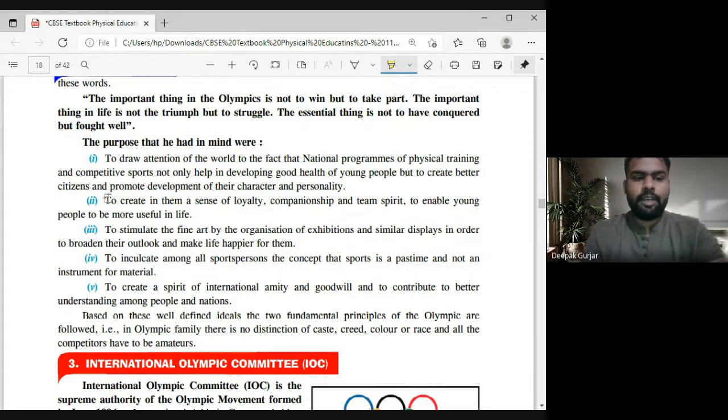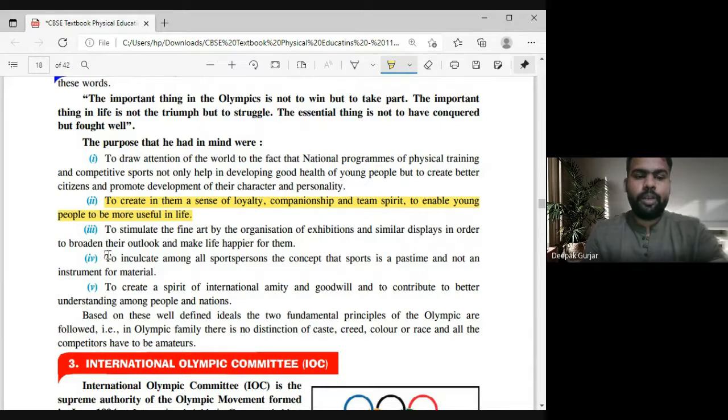The second point is to create in them a sense of loyalty, sportsmanship, and team spirit, and to enable young people to use their life in a beautiful way, to stimulate their fine arts by organizing exhibitions and similar displays, in order to broaden their outlook and make life happier and healthier.